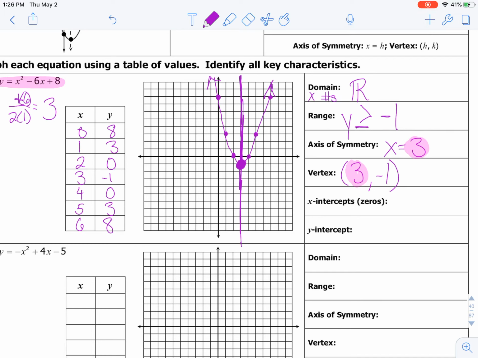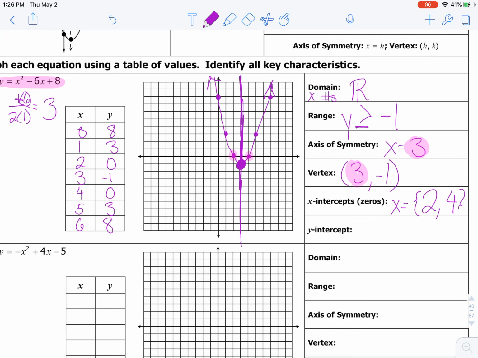My intercepts, my zeros, are the 2 points where my parabola crosses that x-axis. I'm going to write it like a set. My intercepts are where x is equal to 2 and where it's equal to 4.